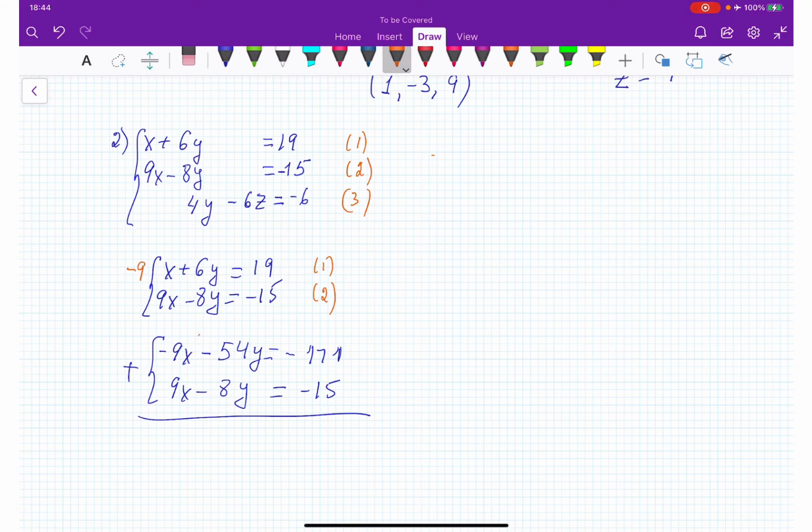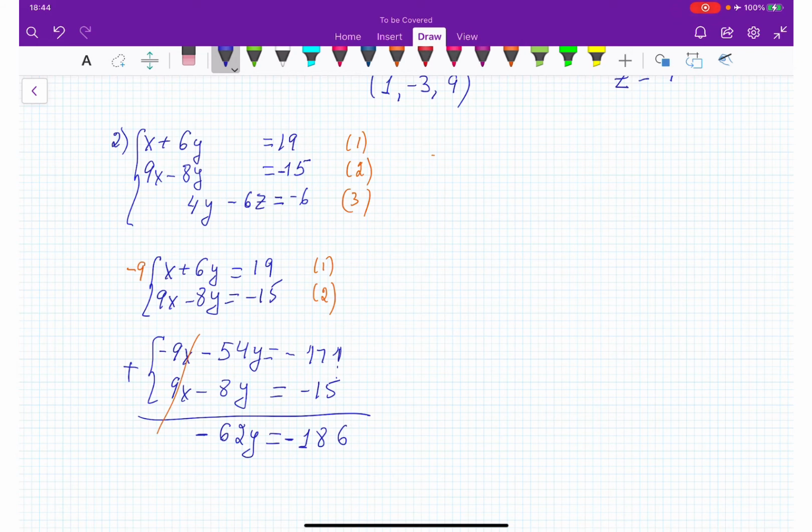So this is going to be gone, negative 9 plus 9. Here I'm going to get negative 62y, okay, and that is equal to negative 186. So 62y is equal negative 186.